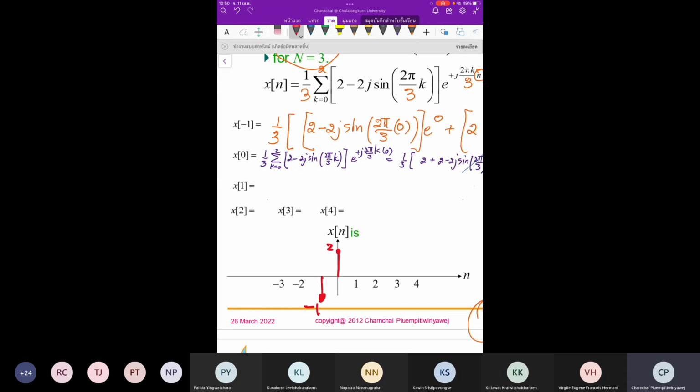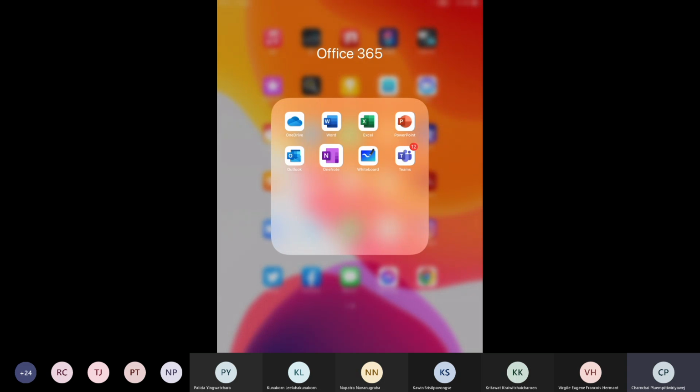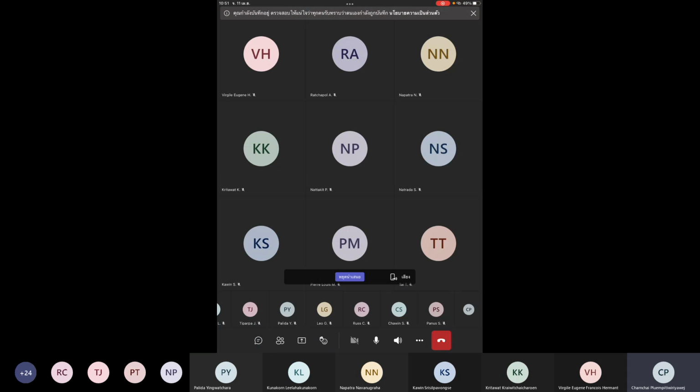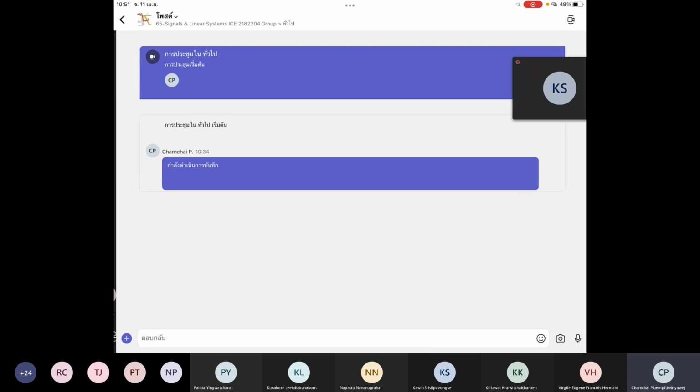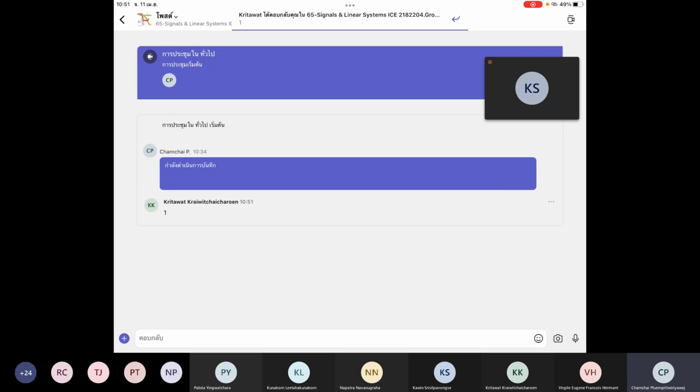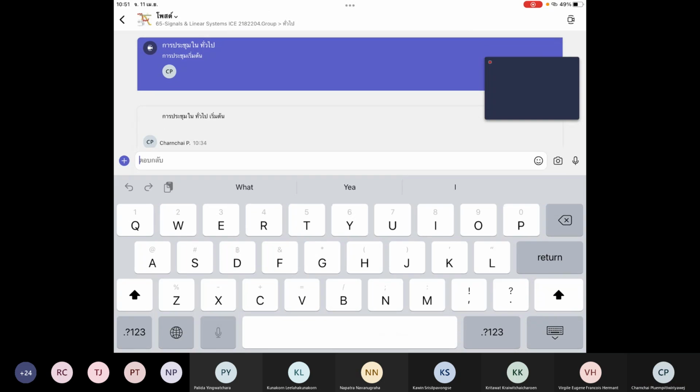What value did you get for x1? 1. Okay, good. How about the rest of them? X2, X3, and X4.